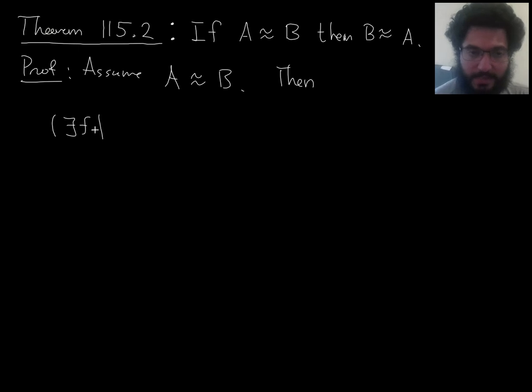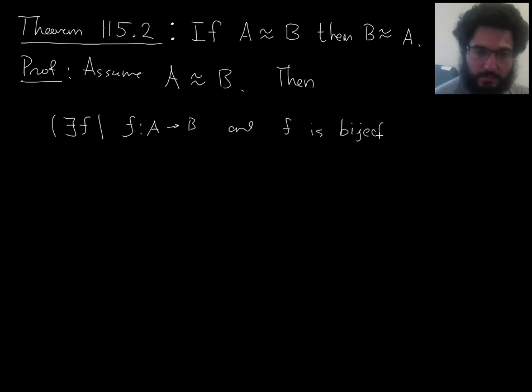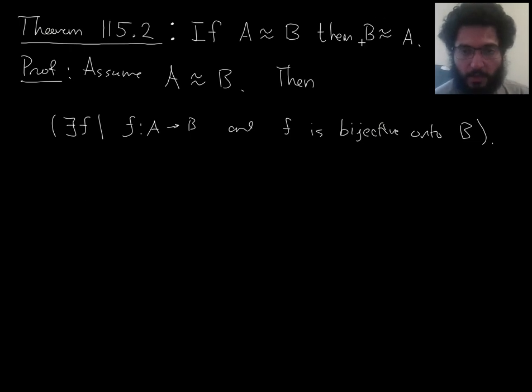What we know is that there exists something which maps A to B and is a bijection. Usually I write onto B, but we don't have to write that part. Okay, then my goal is to prove that there exists a function from B to A that is a bijection onto A. So that's my goal, right?